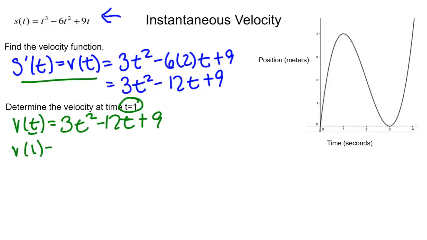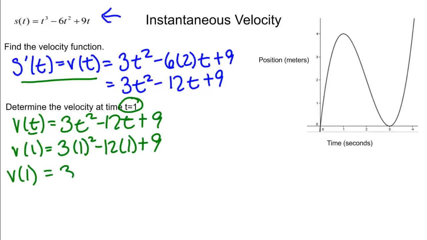So v of 1 equals 3 times 1 squared minus 12 times 1 plus 9. So we get 3 minus 12 plus 9. So it looks like that is 0. So the velocity at time t equals 1 is 0. And remember, we're in seconds and meters. So this is meters per second.